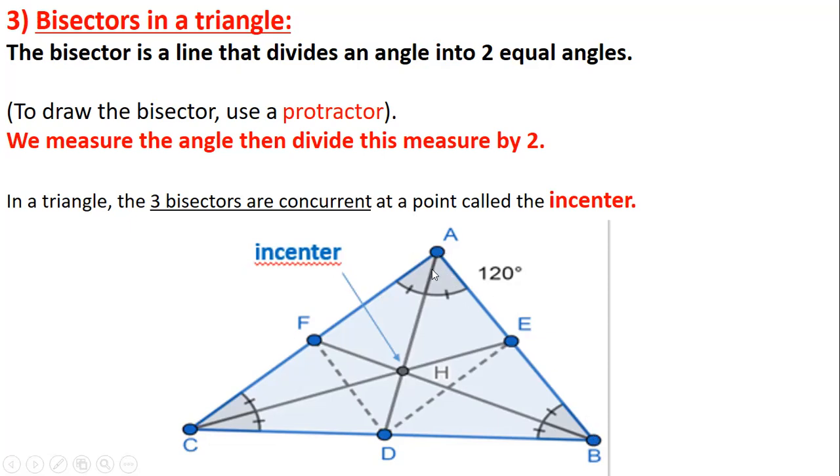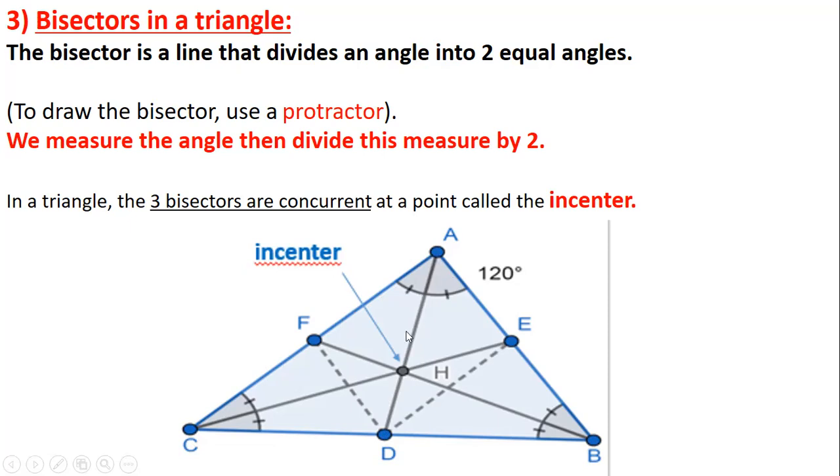To draw the bisector of angle A, I measure angle A. Suppose the measure of angle A is 80 degrees. So I divide 80 by 2, it is 40. I put the protractor in angle CAB and I mark on the 40 degrees, then I draw a line to get the bisector of angle BAC.